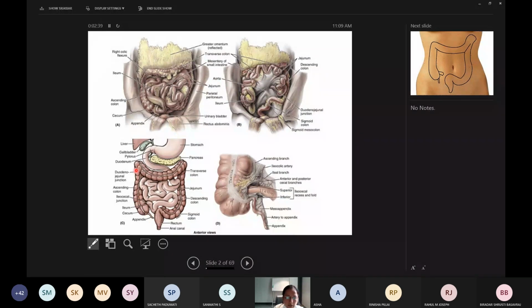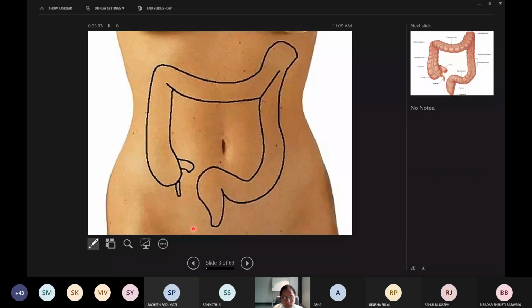The ascending colon is around 15 centimeters. The transverse colon is the largest with 50 centimeters. The descending colon is around 25 and the sigmoid colon is around 37 to 40 centimeters, and the remaining 3 to 5 centimeters is the rectum and the anal canal. So these are the parts of the large intestine.